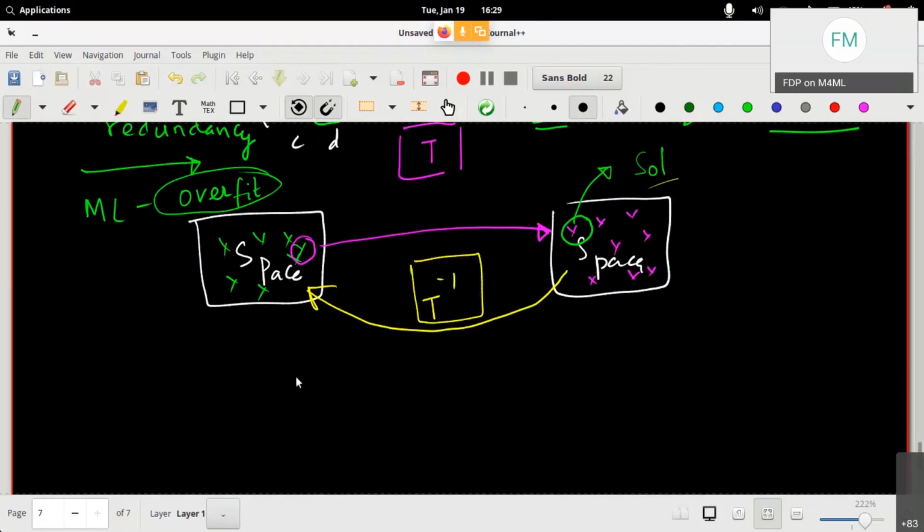It will help you to understand the T and T inverse better. So how to get this T, in the sense, what is the transformation matrix you define so that I land up in a different space, and how do you create this T inverse so that I come back to my original position.